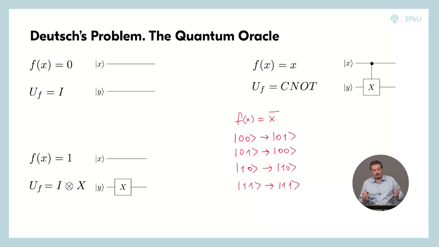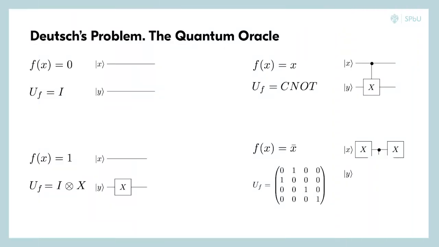And those of you who did the exercises for last week perfectly know this operator. It is this contra C naught, which is like the operator with this matrix, and the scheme of this operator is this. The circuit of this operator is this.